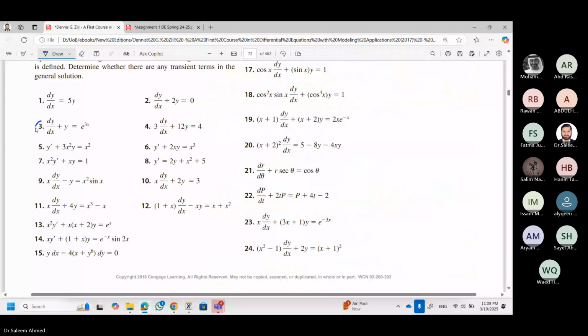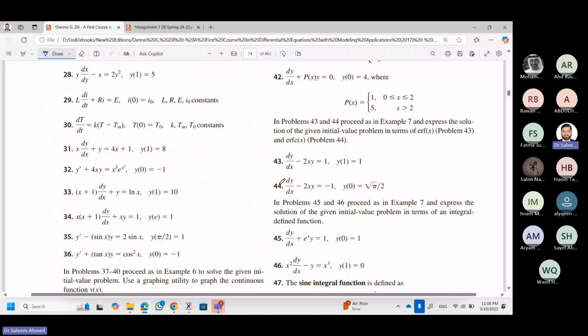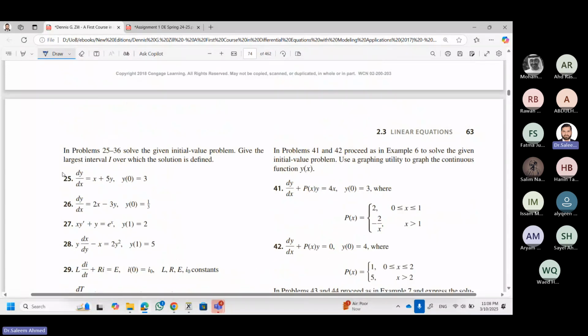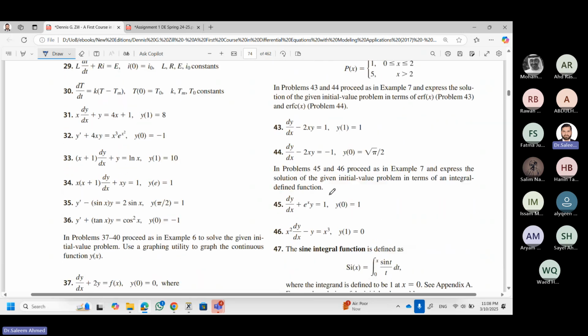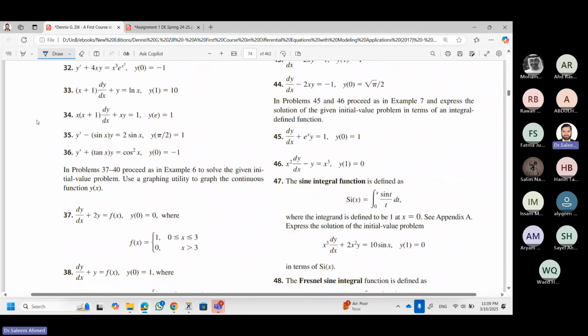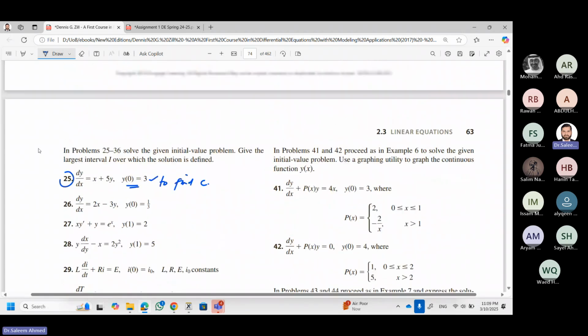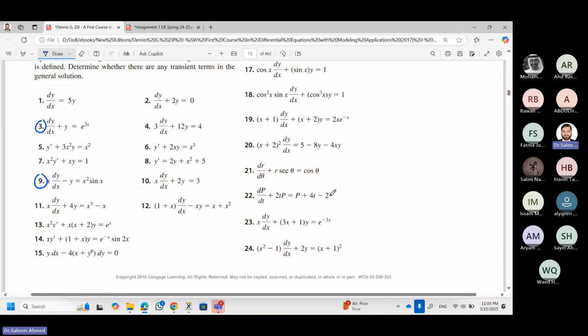The 25 is an initial value problem. That's why I did it. If the initial condition is given, it is to find the value of C in your solution. There is nothing else. And 36 is this. So I can do one of them maybe. So what is the fifth equation?